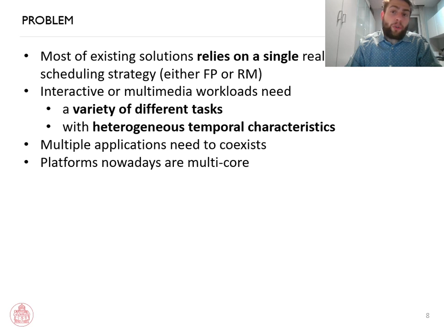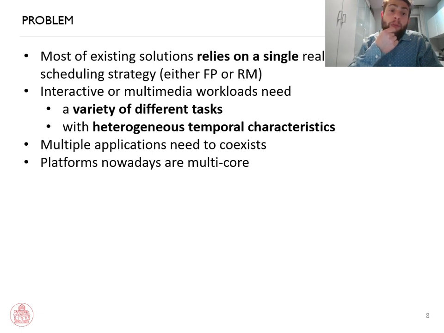Most of the solutions we have seen here rely on a single real-time scheduling strategy. But interactive or multimedia workloads need a variety of different tasks with heterogeneous temporal characteristics.